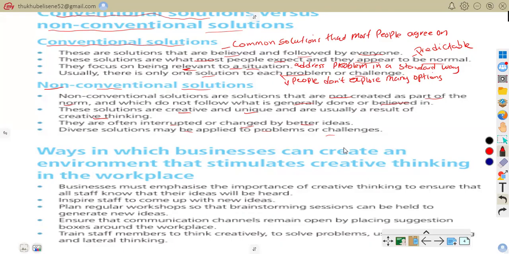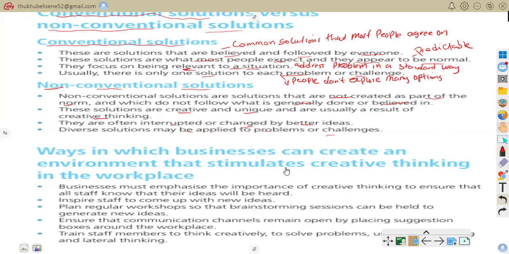There is no single answer. Many options exist under non-conventional solutions. A business may use online sales, promotions, partnerships, all those things.